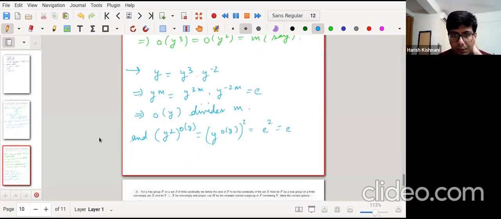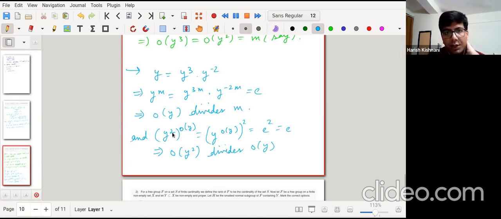So this implies that order of y square divides order of y. And this is true in general for any n: order of y^n divides order of y, because we are not using anything special for 2.